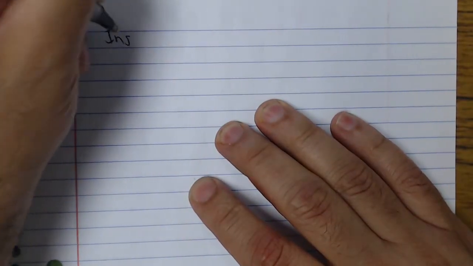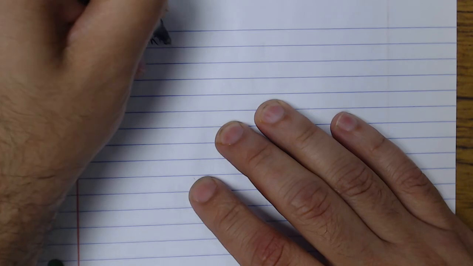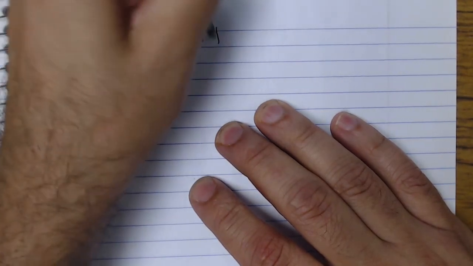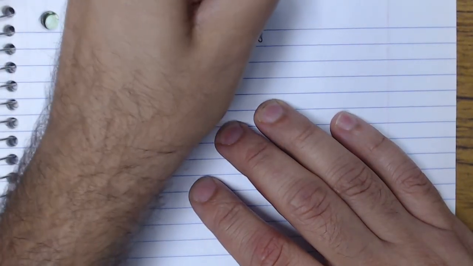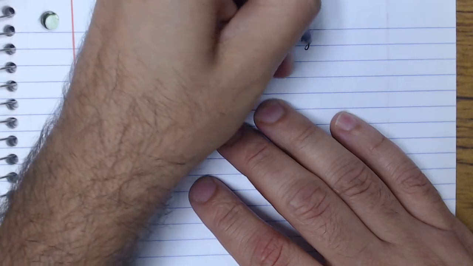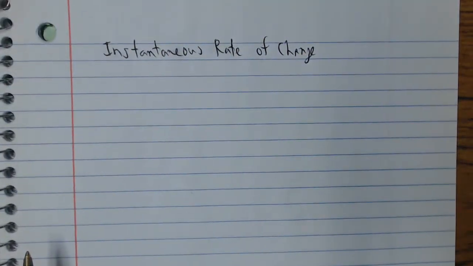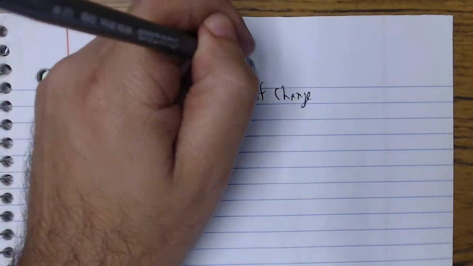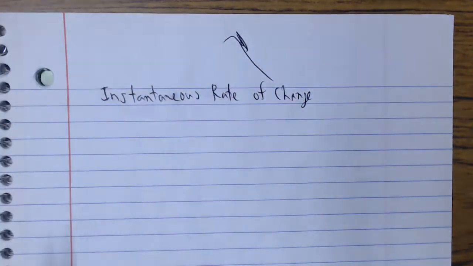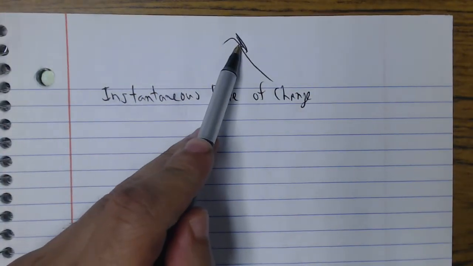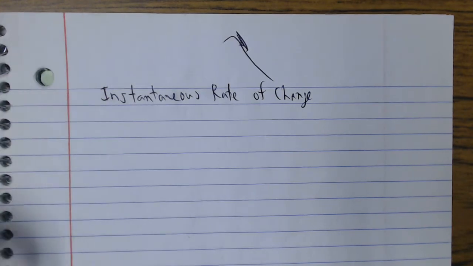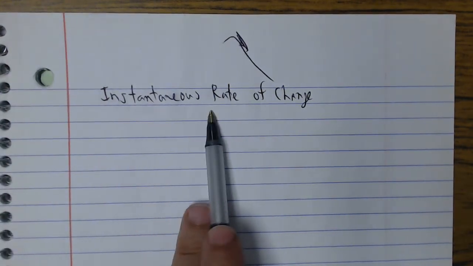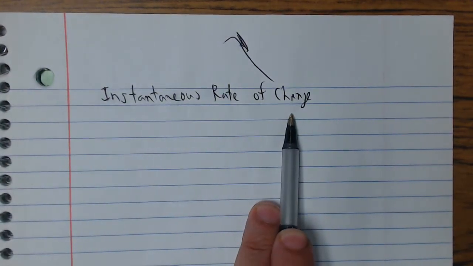Okay, so the last comment I want to make here is about instantaneous rate of change. And if you think about it, the slope of the tangent line, as I mentioned, when you have a curve, the slope of the tangent line is in fact telling you at that instant how fast this graph is changing. So when you see instantaneous rate of change, that's another way of saying find the slope of the tangent line.